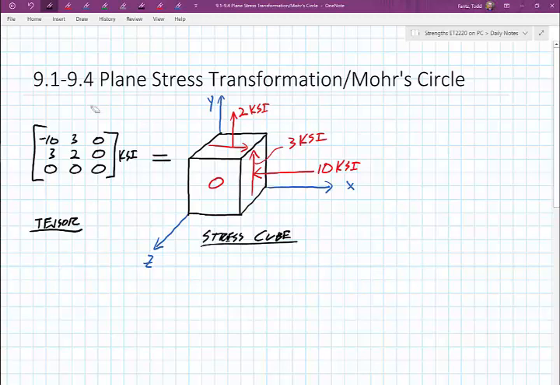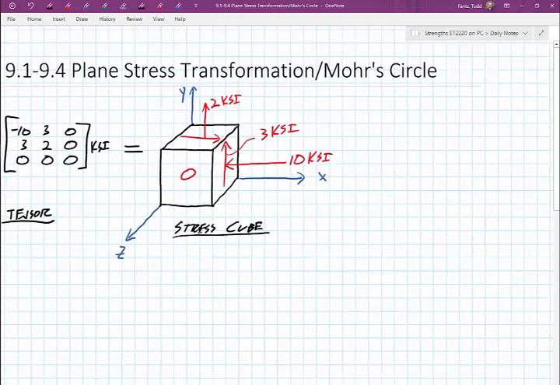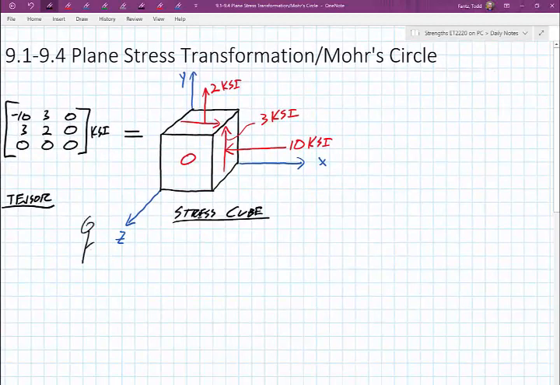Today we're going to continue to look at this stress cube and the stresses on our element. And the way we're going to look at this is in essence like the 2D. So if I were looking down the z-axis, this direction, what I would see would be something like this.